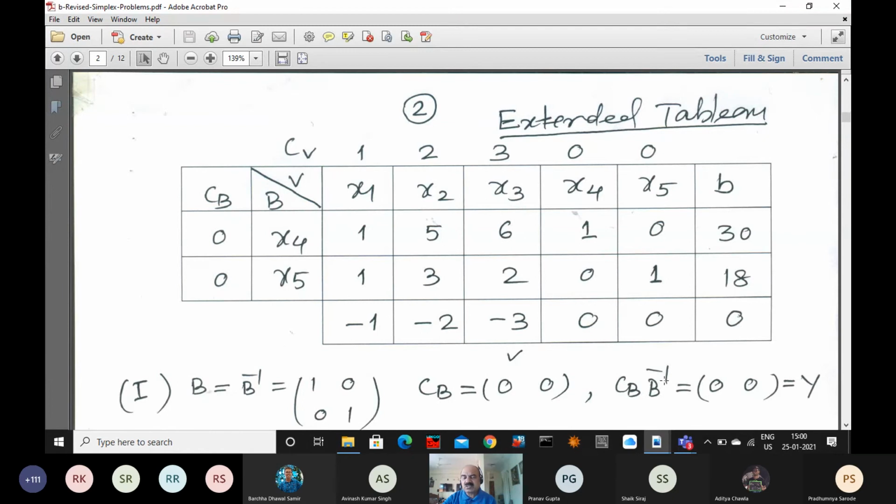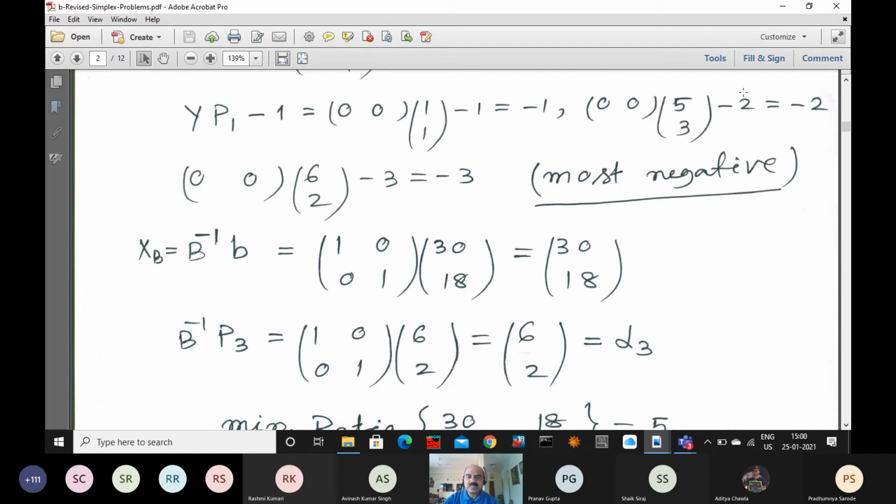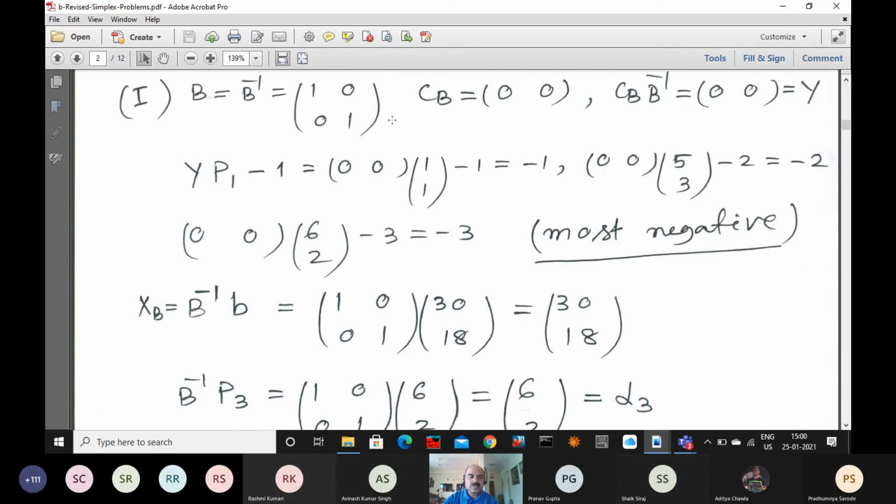CB into B inverse, this B inverse, that is 0 0 0 comma 0. So this is our Y. And we have Z1 minus C1. What is that Z1 minus C1? Z1 minus C1 equal to Y into P1 minus 1.